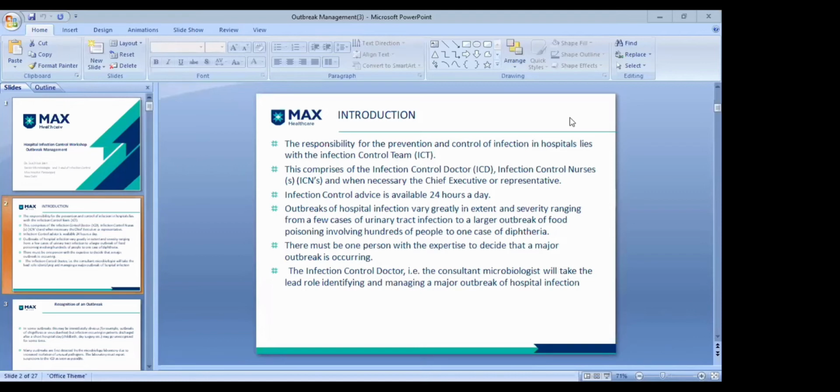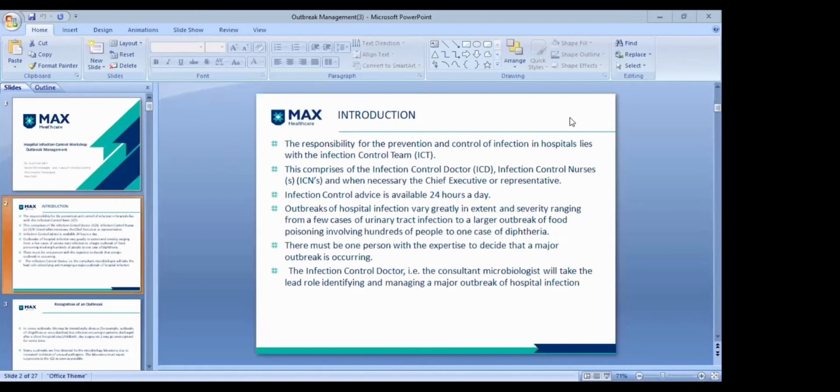Now coming to outbreak management. Just to make you understand, it is a responsibility of prevention and control of infection in hospitals which lies with the infection control team.